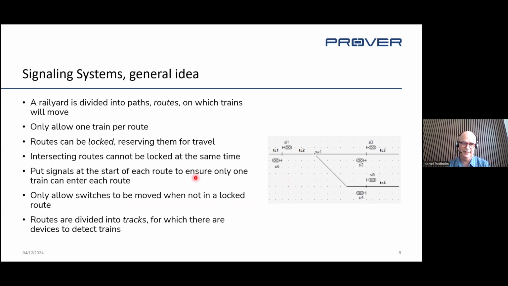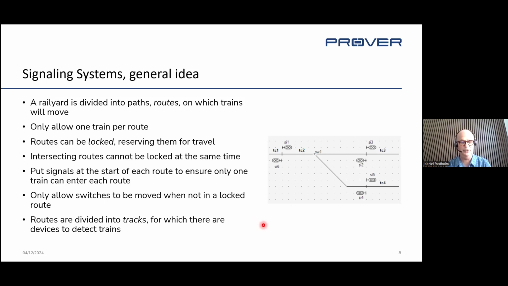So this is the general idea of how signaling systems are supposed to work. You take this one-train-only idea, but instead of having the whole rail yard as a big area, you divide the rail yard into smaller bits, into routes.